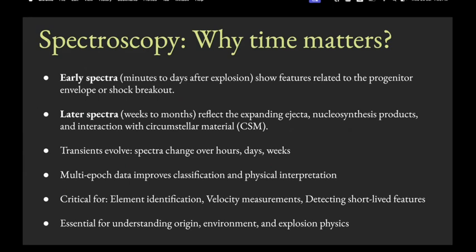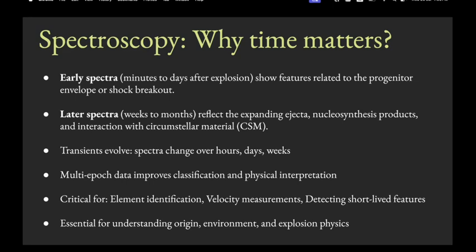So based on those spectra that I showed you, there is the question of why time matters. It really matters to have spectral follow-up if we have the images, metadata and photometry. The reason is that if we have early spectra from an event, then we can find different features that are related to the progenitor envelope, or later spectra could reveal other features, as I showed you before.